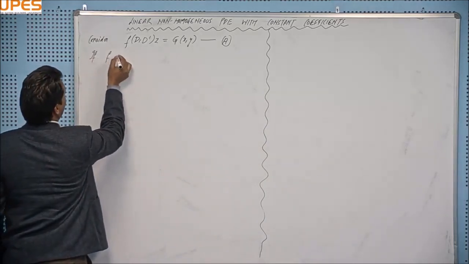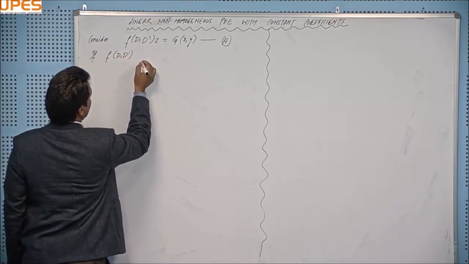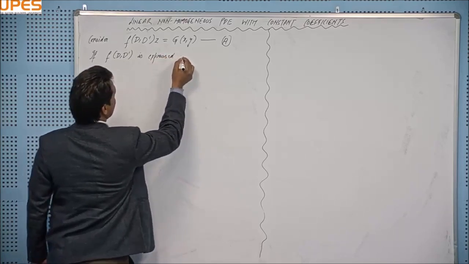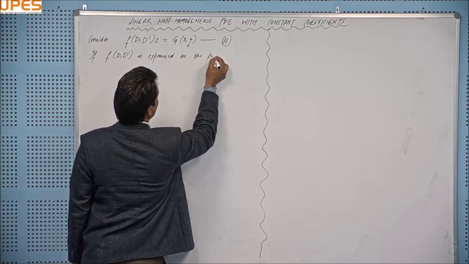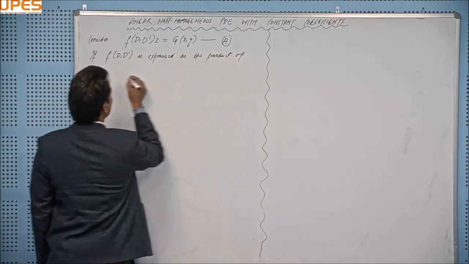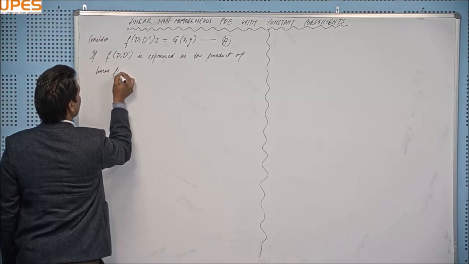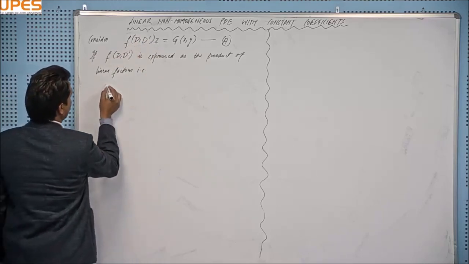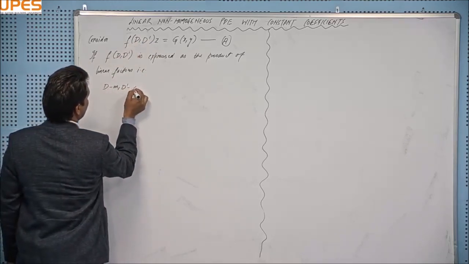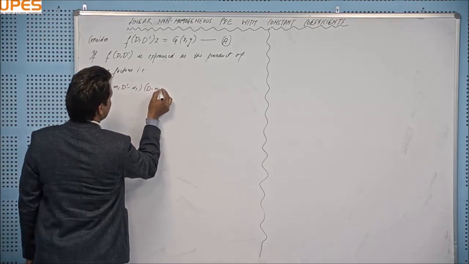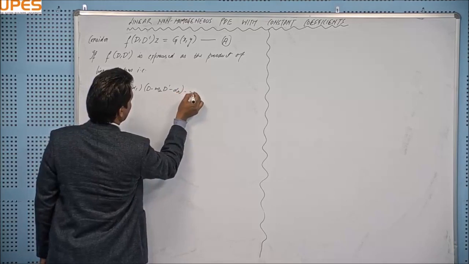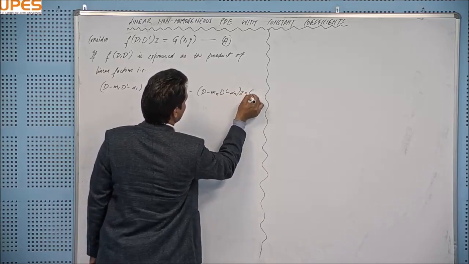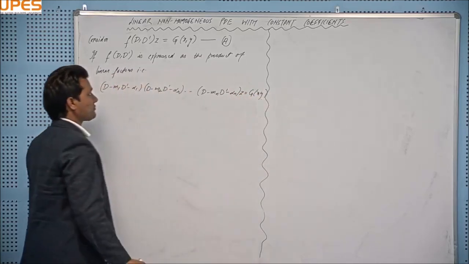If f(D, D') is expressed as the product of linear factors, that is, f(D, D') is factorizable as (D - m1 D' - α1)(D - m2 D' - α2) up to (D - mn D' - αn) z = g(x,y).